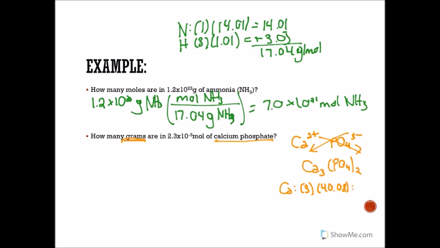3 times 40.08 is 120.24. Then we have phosphorus. We have 2 phosphorus. That is 30.97. 2 times 30.97 is 61.94.